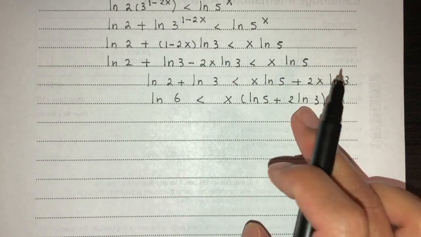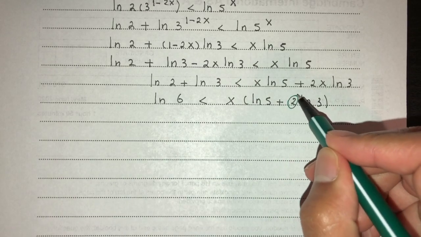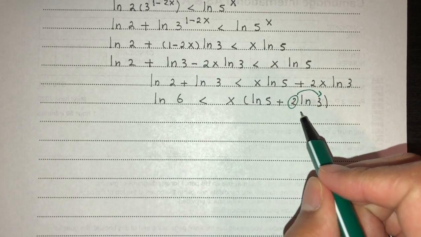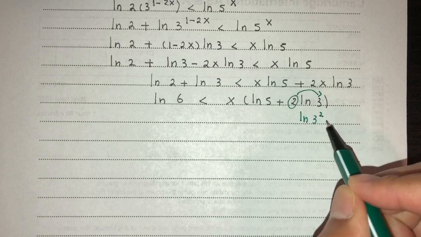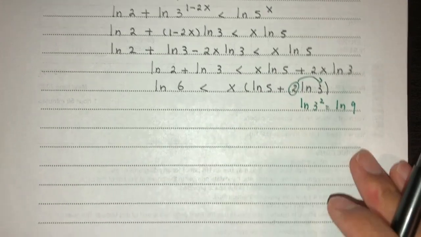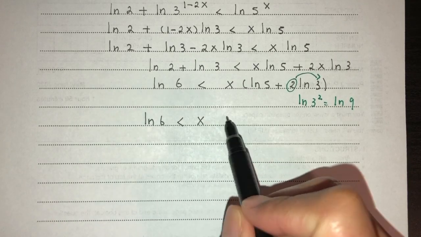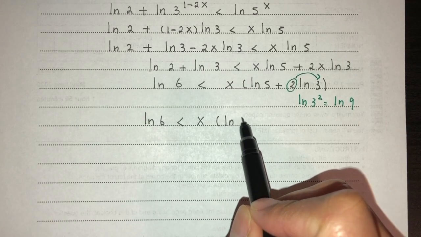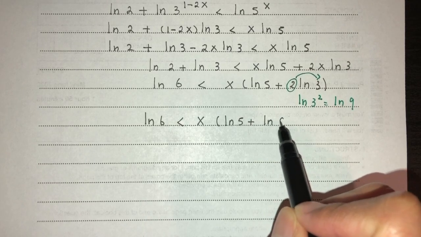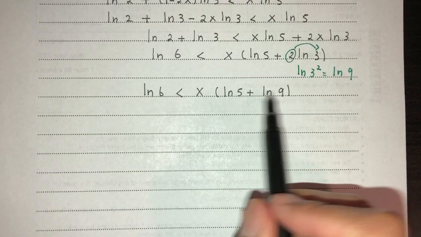Now if you observe, what is this? We can send the power on top. You will have ln of 3 power 2, which is ln of 9. Okay, so now let's rewrite this again. You will have ln of 6 less than x times ln of 5 plus ln of 9. Now when you have plus, you have to multiply the insides.